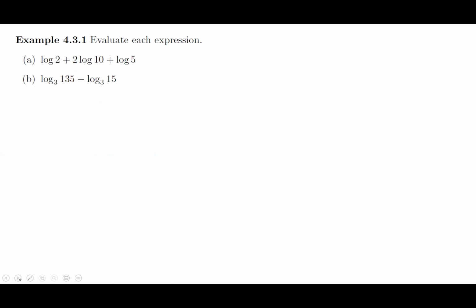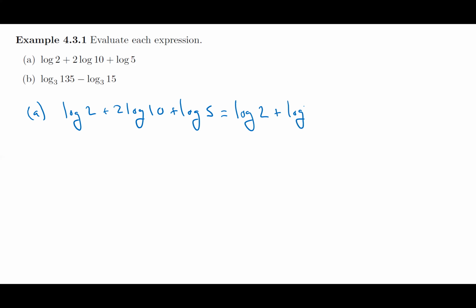So let's practice these by evaluating some of these expressions. So a, log 2 plus 2 log 10 plus log 5. And of course, the base here is 10 because it's not marked, and so we just assume that to be the common log. So log 2, I'm going to use these properties, plus log, well, 2 log 10 becomes log of 10 squared, and then plus log 5.